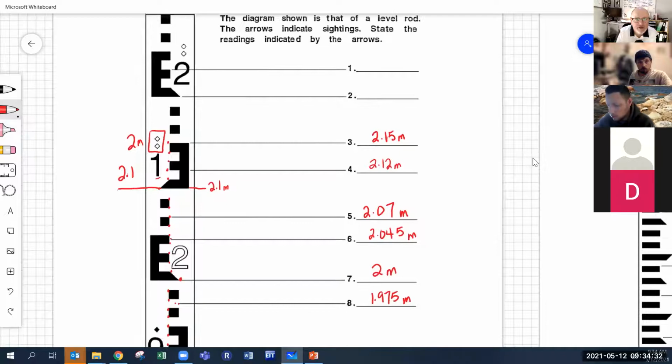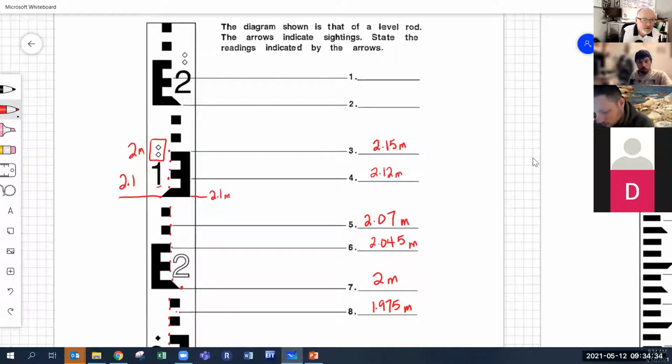Let's go all the way to the top. 2.16, 2.17, 2.18, 2.19, 2.2, 2.21, 2.22, 2.23. And that's how to read a metric rod.